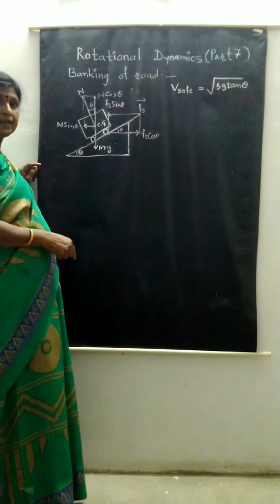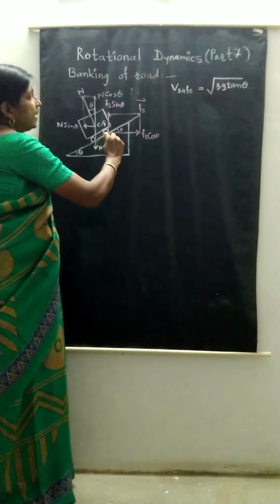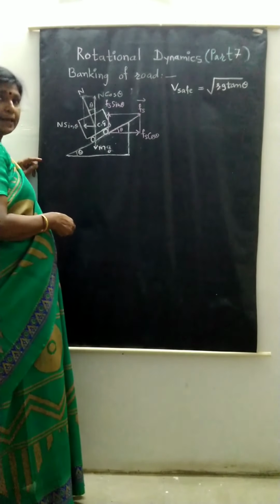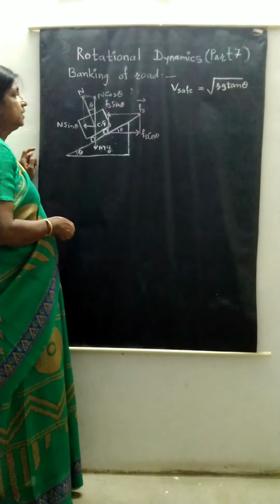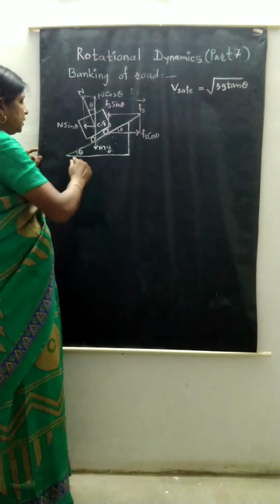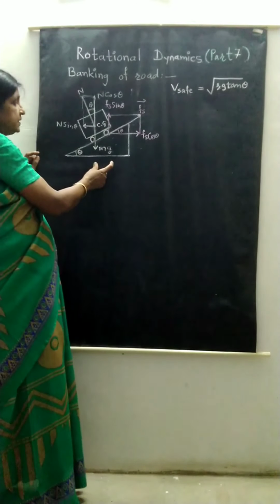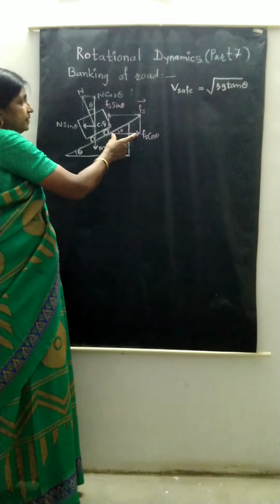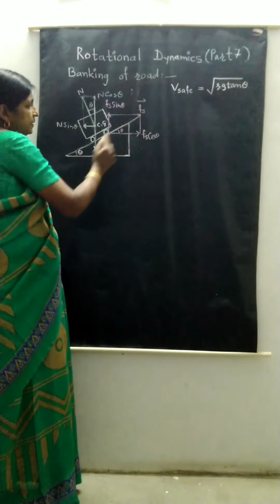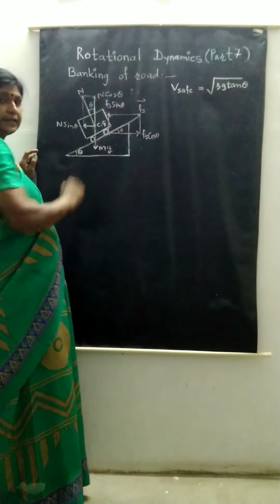Here the wheels of the vehicle and the road surface are in contact, therefore Fs is shown in this manner. In order to balance the different forces, we again resolve this Fs into two components. Now this is the road surface and I have shifted this horizontal at this point of contact. Hence, this is the same line and I have drawn a parallel line to this. Hence, this angle is theta.